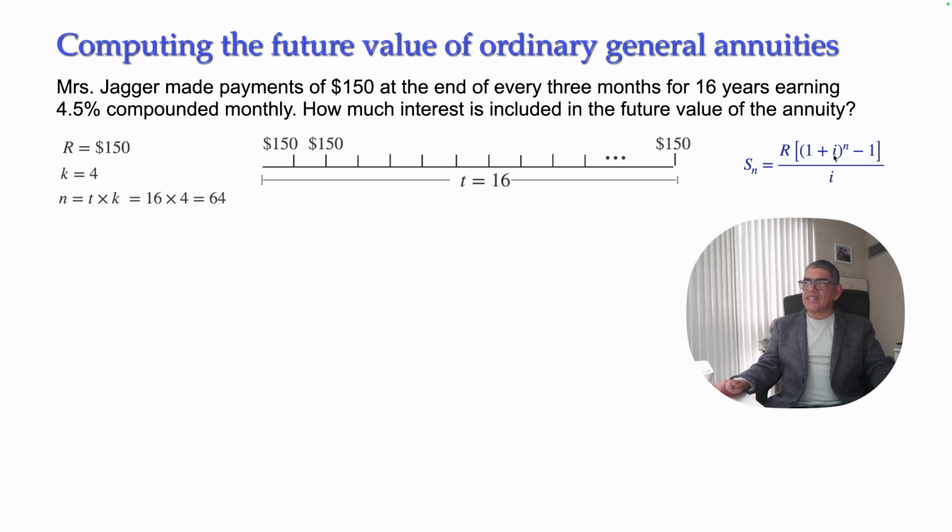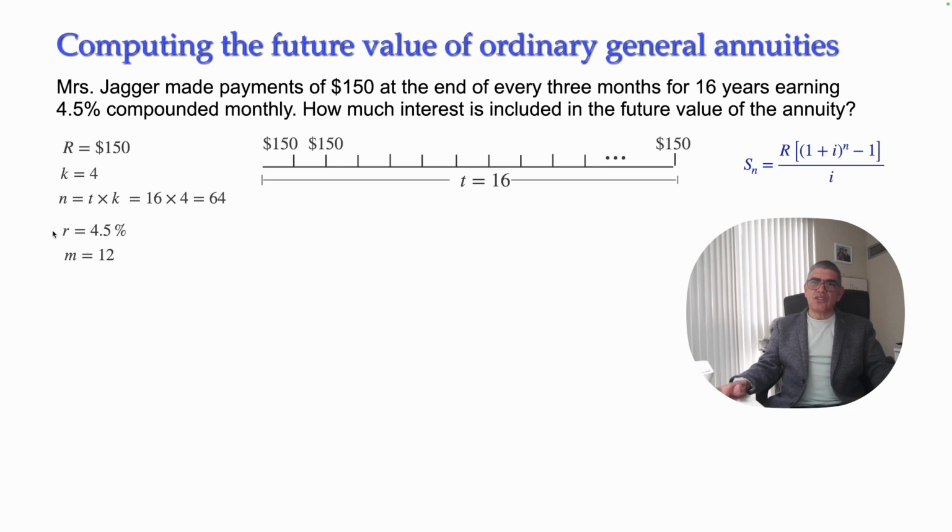And now let's find the i, the periodic rate of interest. We know that this r is 4.5, so the nominal rate of interest is 4.5%, compounded monthly, so it means that m equals 12. There are 12 conversion periods in a year, so this m is the number of conversion periods. Because I noted that k and m are different, this is an example of a general annuity.